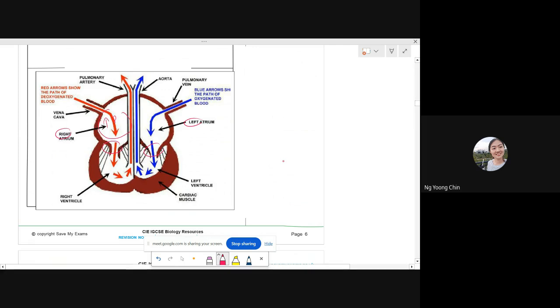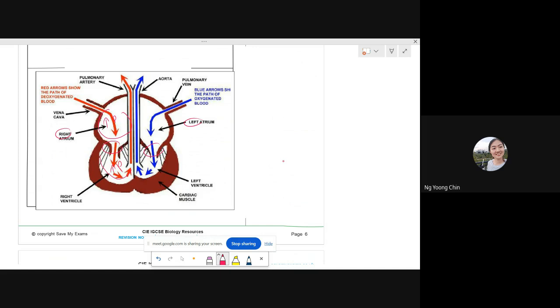This high pressure will force the valve to open. Once the valve opens, it allows the blood to transfer from the right atrium into the right ventricle. But when the right ventricle contracts, it reduces in volume but increases in pressure, right?